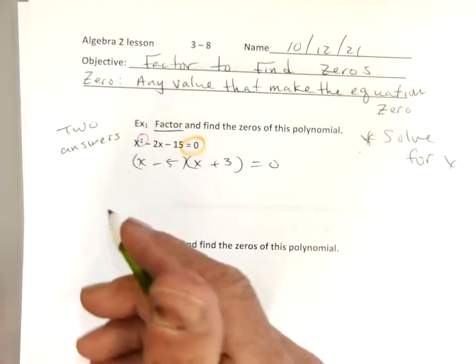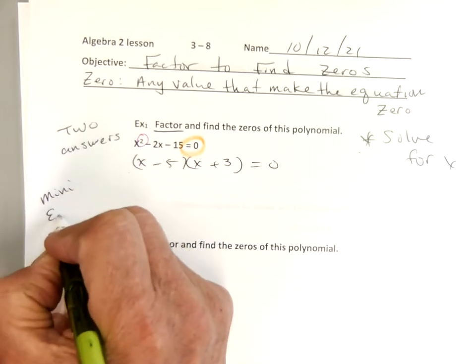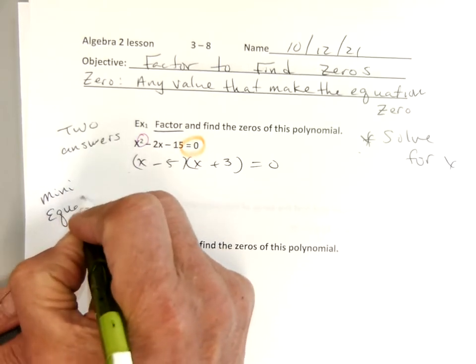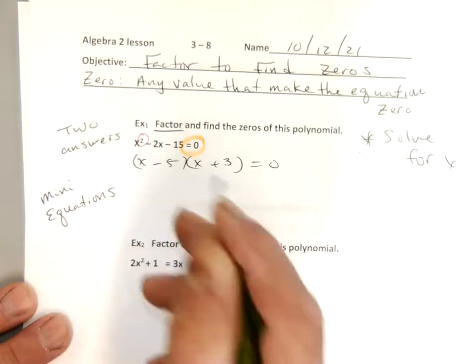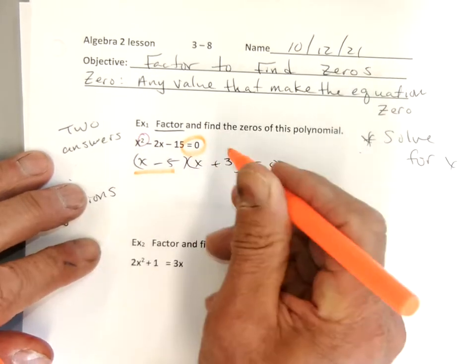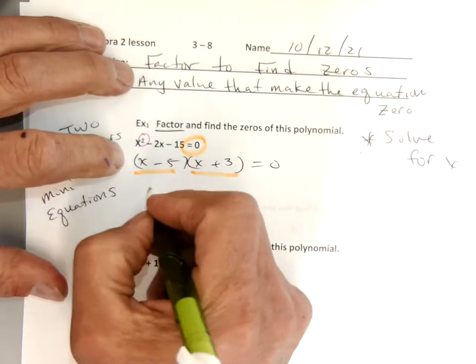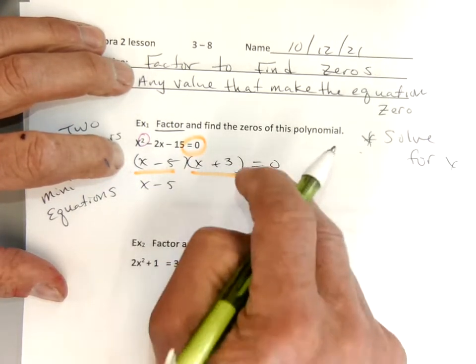So what you have, and I'm going to call them mini equations, is an x minus 5 and an x plus 3. So this is super easy. I'm just going to take my x minus 5 and set it equal to 0.